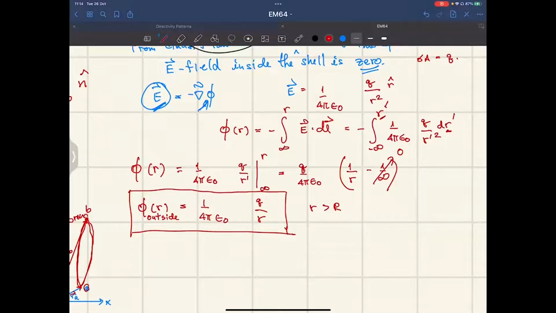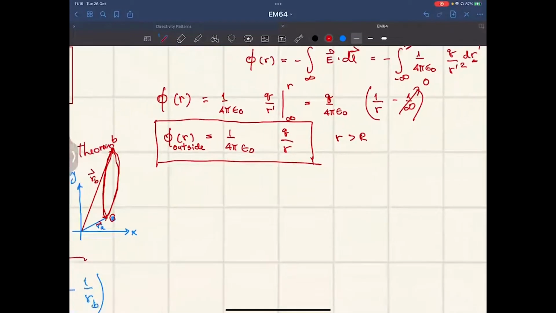What I said before, that it can be anything, 0 or anything, may not be correct anymore because it depends on the charge outside. But it's surely a constant. It must be a constant, but it cannot be anything. It has to be something that depends on the potential outside.